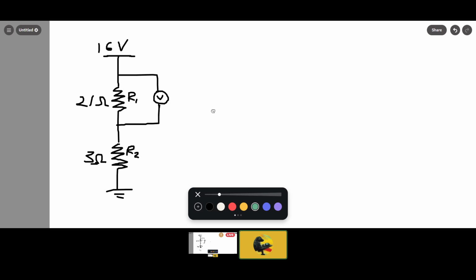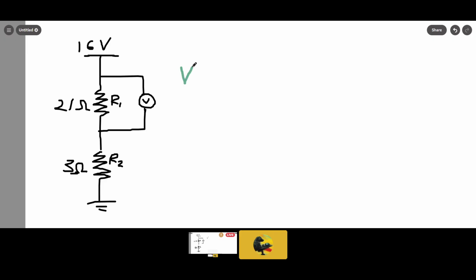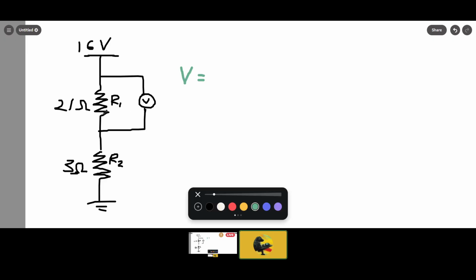We can do that. What we need to do is say the voltage here, let's just say V. V is equal to, in this case, R1 over R1 plus R2 times E, and then we sub in the values.